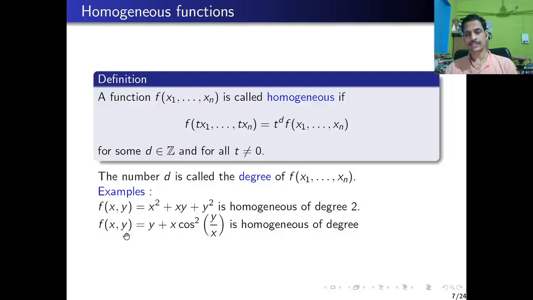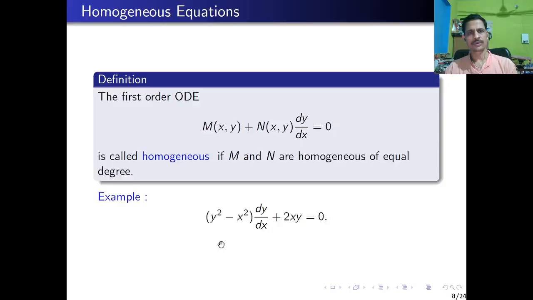So you must have realized that when you put tx here and ty here, then here we get ty, here you get tx, and here it will be ty by tx, the t will cancel. So you can take t common from here and here, so it will be t times f of x comma y. So the degree of homogeneity here is 1.